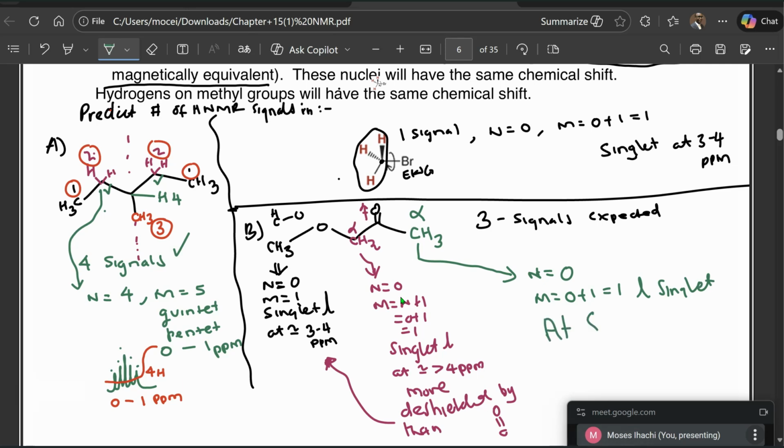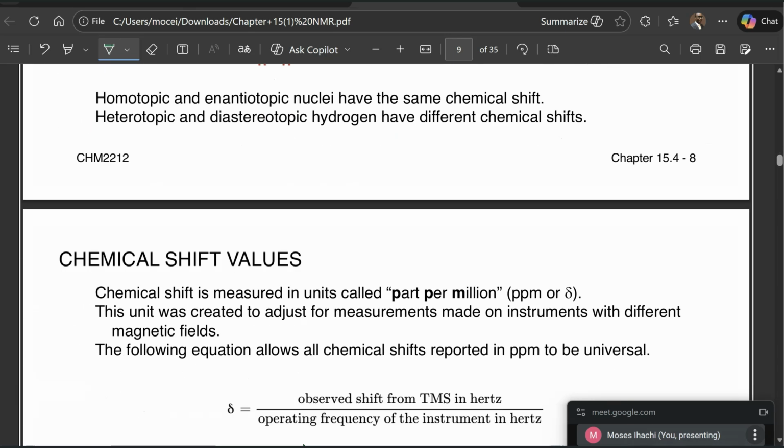At chemical shift, we use a sigma. Is it 3.3 to 5? No, it's supposed to be 2 to 2.5 or 2 to 3. Let me show you where it is.